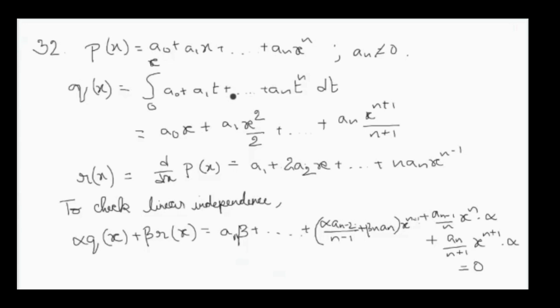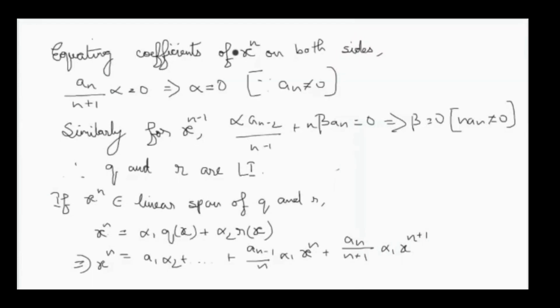So alpha q(x) plus beta r(x) comes out to be a_1 beta, which is the constant term, and a lot of other terms, and we just need the last three terms, which are alpha a_{n-1} by n plus n beta a_n times x to the power n minus 1, plus a_{n-1} by n into alpha x^n, plus a_n by n plus 1 into alpha x^(n+1). You can check this out by solving the first few terms and the last few terms. This will come out to be this particular form.